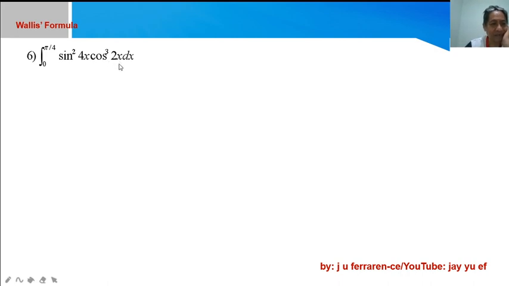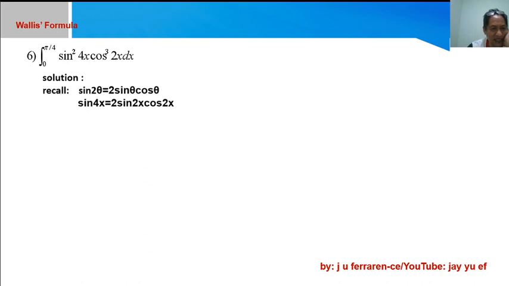Now, take note. 4x is twice the value 2x. So, I can relate that with a double angle identity. What identity is that? The sine of a double angle can be taken as 2 sine theta cosine theta.